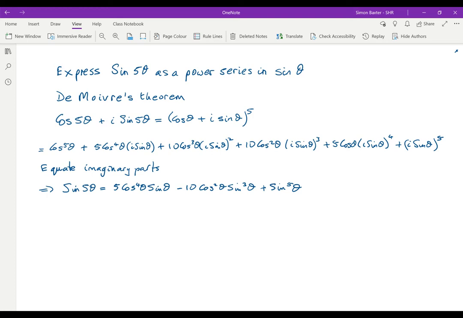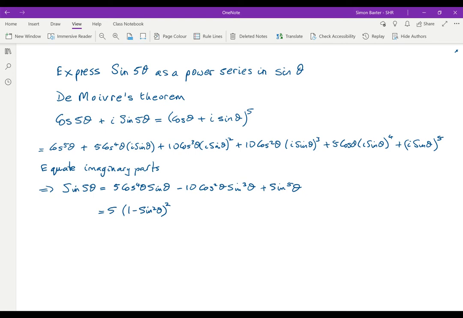Fortunately, all the cosines are to an even power. We can think of cos squared theta as 1 minus sine squared theta. So if that's cos squared theta, if I square it, I get cos to the 4.